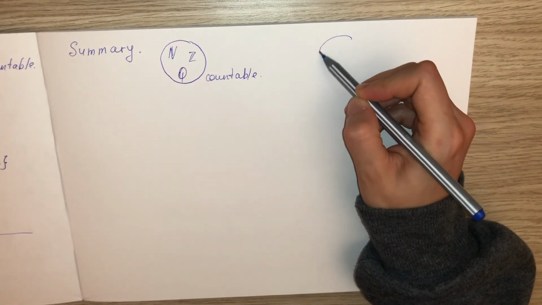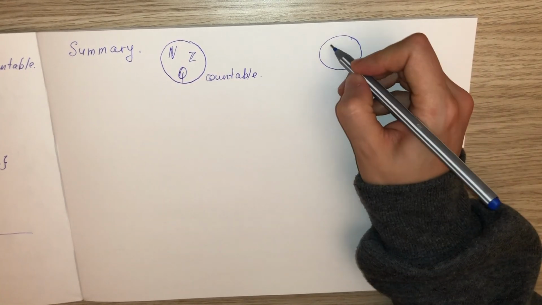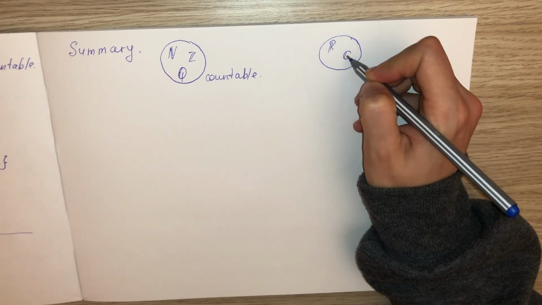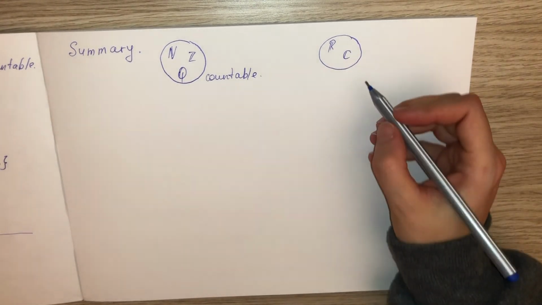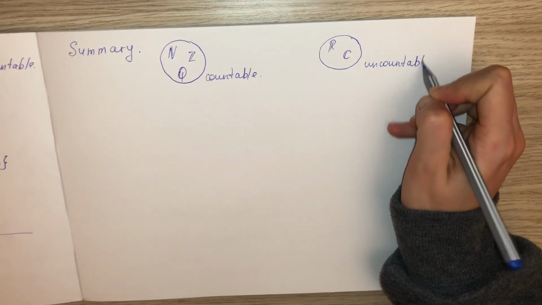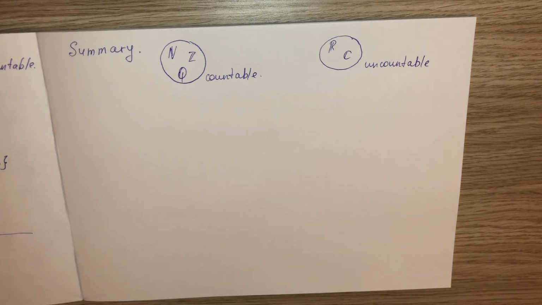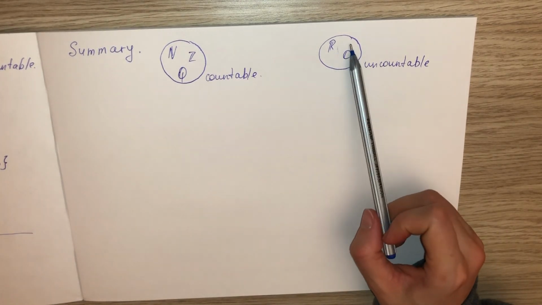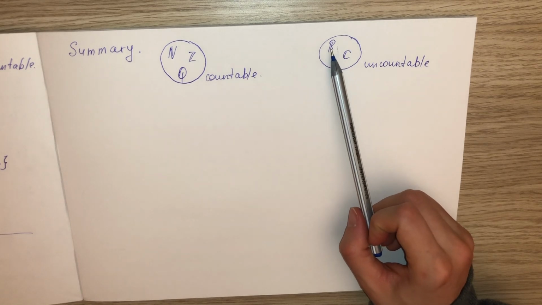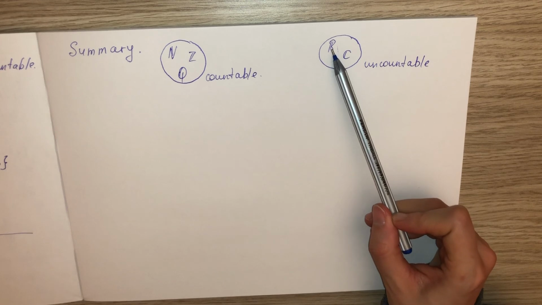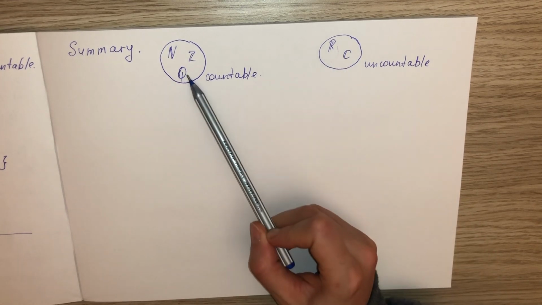But the set of real numbers and the set of complex numbers are uncountable. Why? Because the elements of real numbers, I mentioned a rational number here. This is not a rational number, this is a real number, this is a rational number.